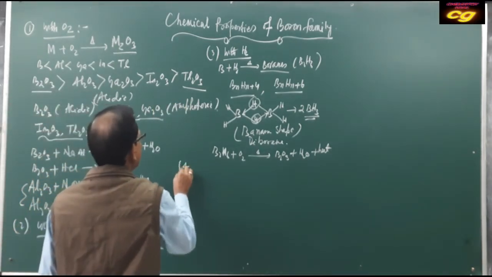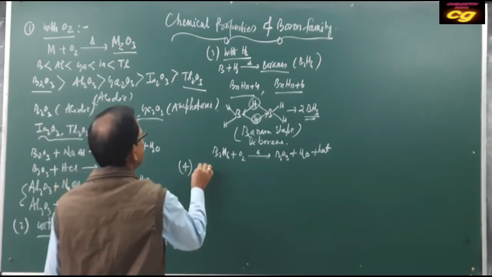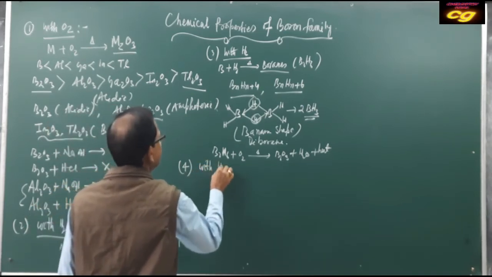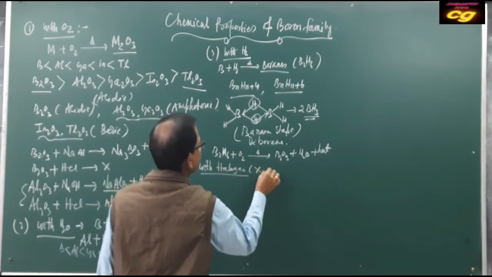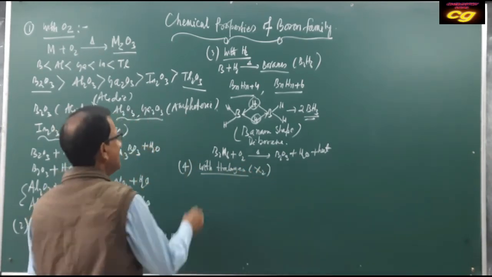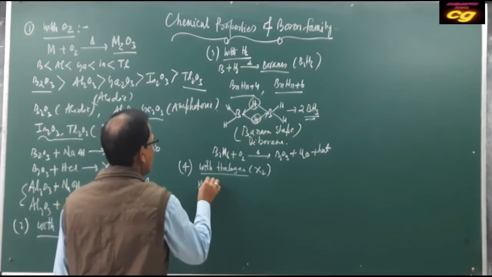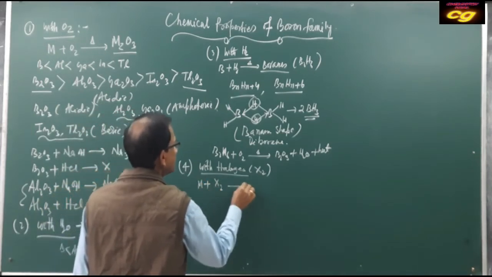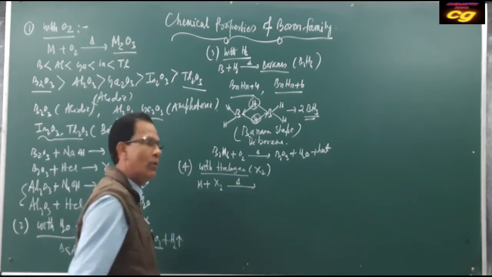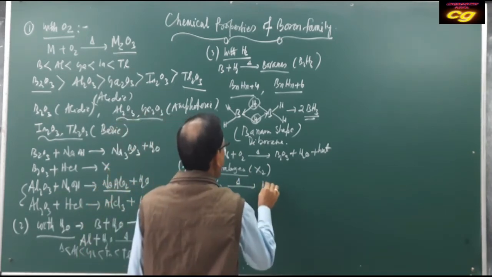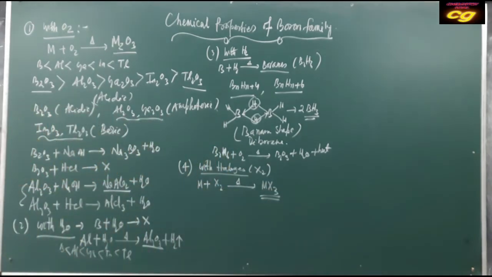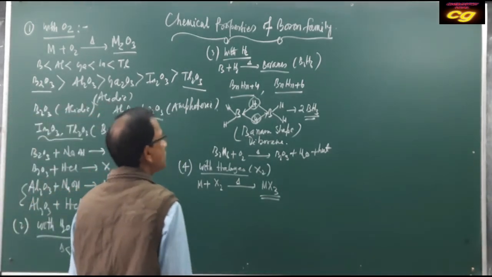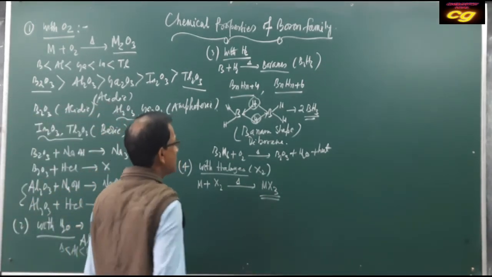Then very important is the reaction with halogens. Generally, metals which react with halogens on heating form halides MX3, having the +3 oxidation state of the elements.